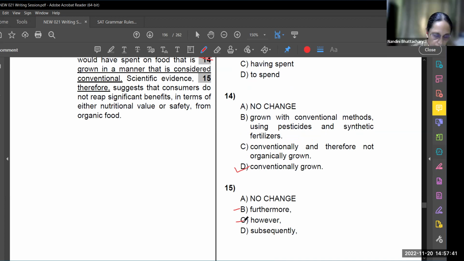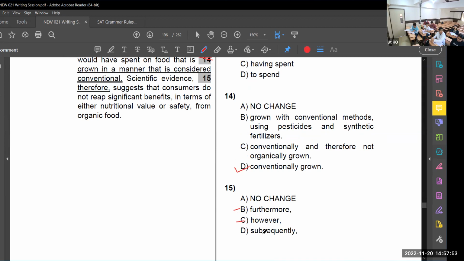Now what are these words doing? They are conjunctions which are setting up a relationship between the two parts of the sentence or two sentences.